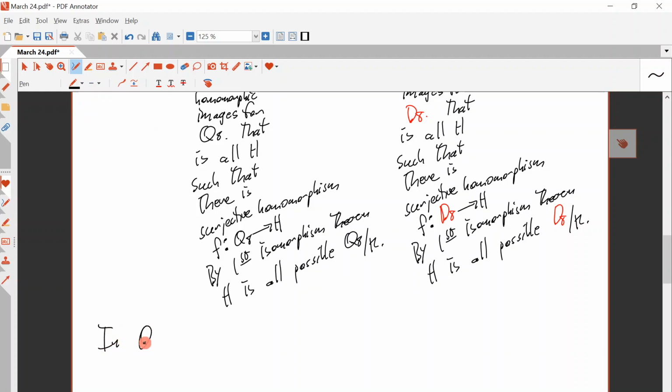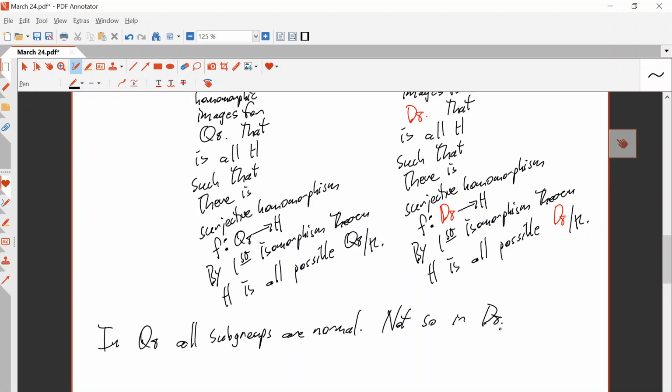In Q8, all subgroups are normal. Not so in D8. Not all subgroups are normal. There's a few, but not all of them. Okay? So, just like the example there. All right, so that's 18.